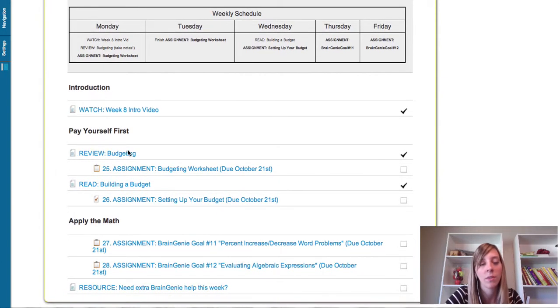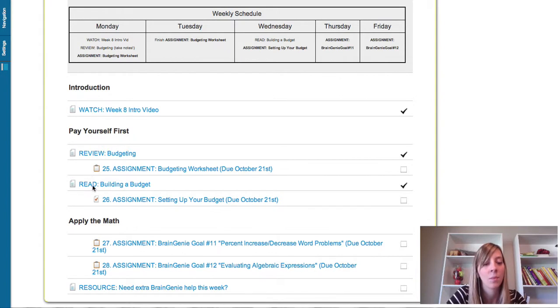So first of all, you reviewed some basics about budgeting, and then you had this assignment, a budgeting worksheet, where you were given a scenario of a young man trying to organize his budget and work within some recommended percentages for each category. And then you were told to give him some recommendations for making his budget effective and make it a good working budget. This was a good assignment for part of your exam where you're going to be given similar questions.